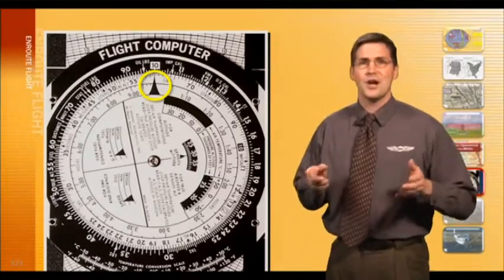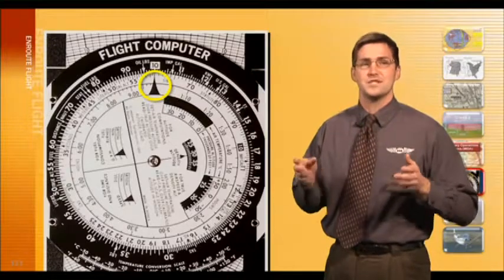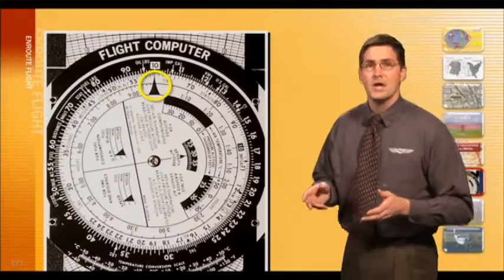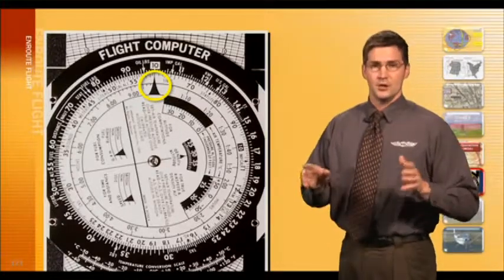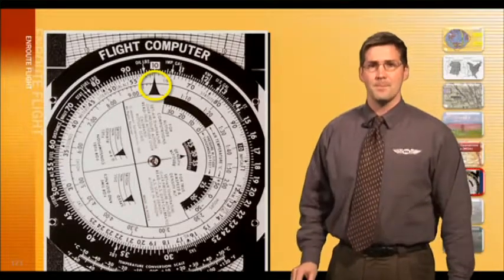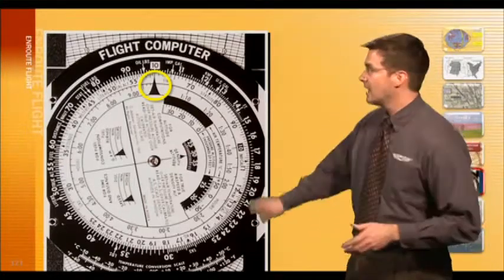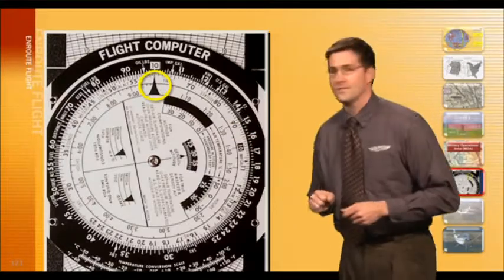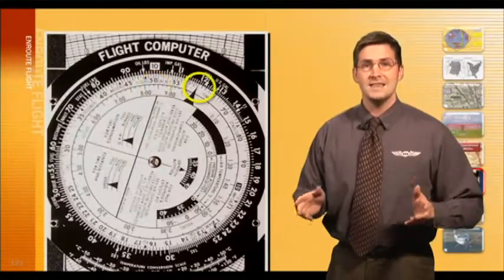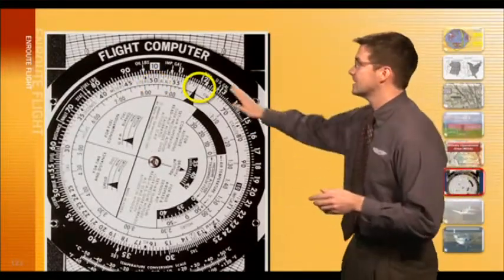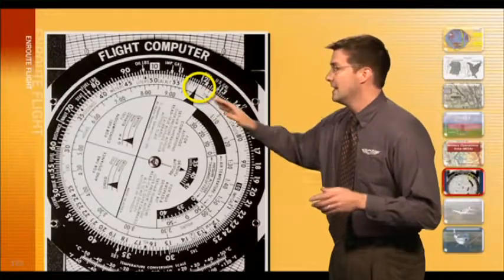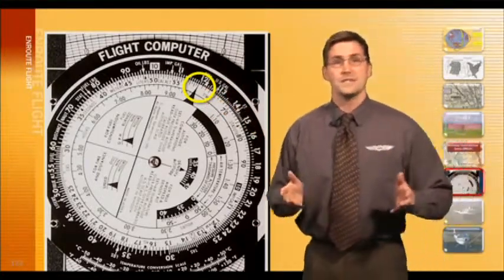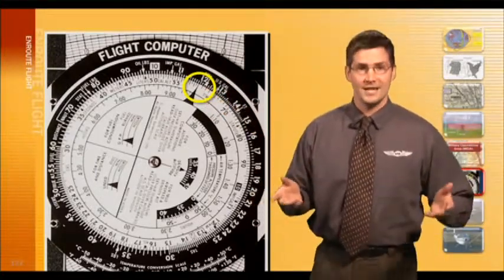Now let's suppose you want to know how far you're going to travel during a specific amount of time. You have two pieces of information, your ground speed and the time. Using the E6B, here's how to work that computation. First of all, rotate the inner ring until the index is directly under the 12. Now in this case, the 12 represents our airspeed, which is 120 knots.